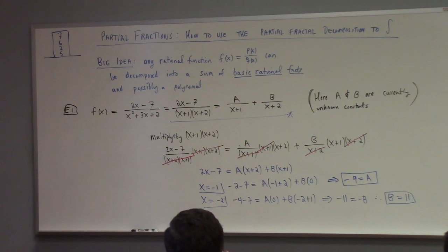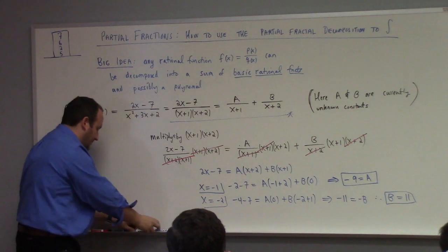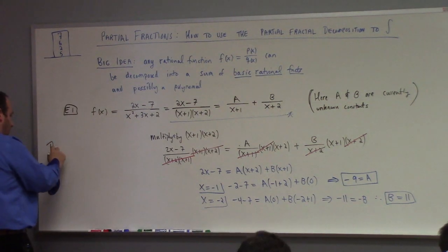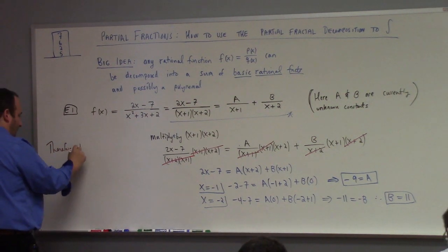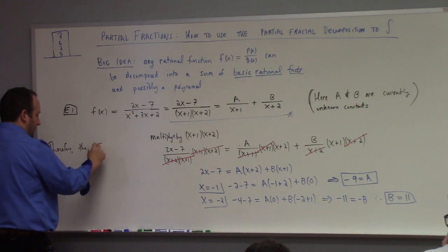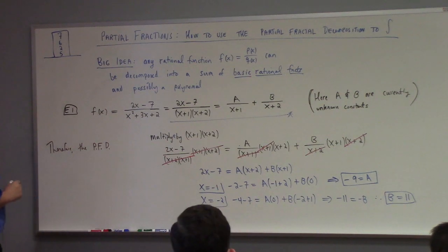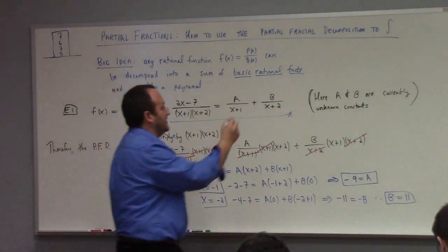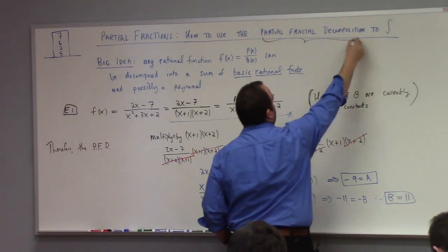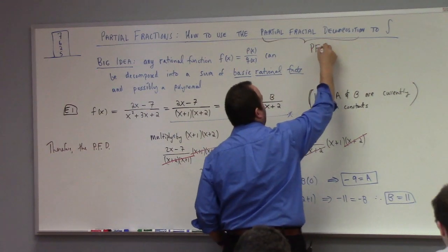And I'm going to put the conclusion over here in the corner if you guys don't mind. So therefore, the partial fractions decomposition, which I'm going to abbreviate PFD because writing partial fractions decomposition like 30 times in this lecture sounds annoying, so let's just invent an abbreviation, PFD.